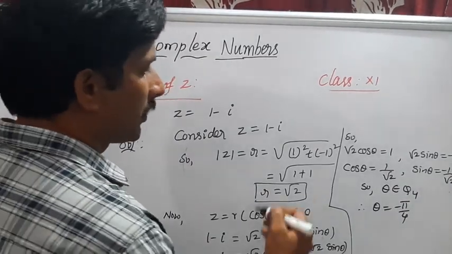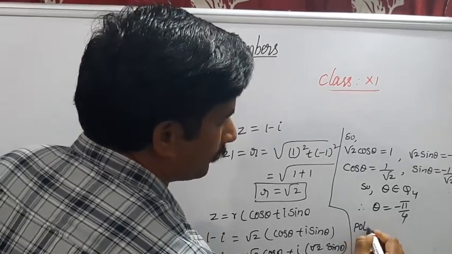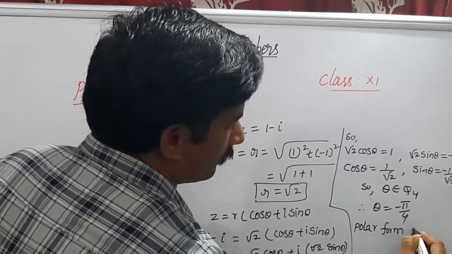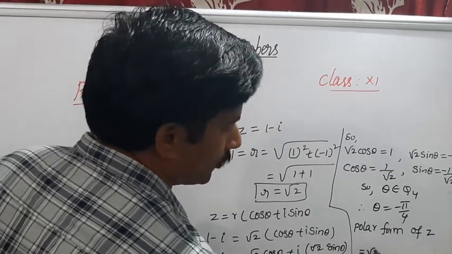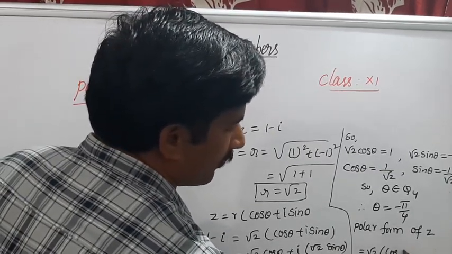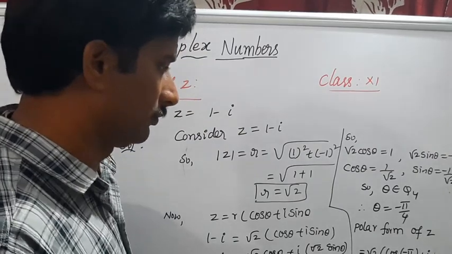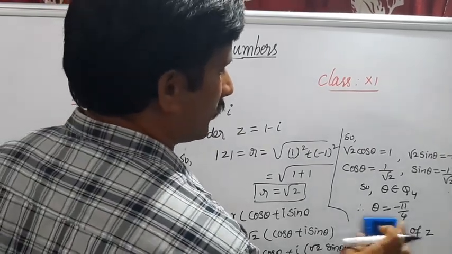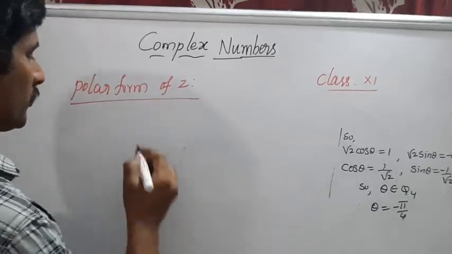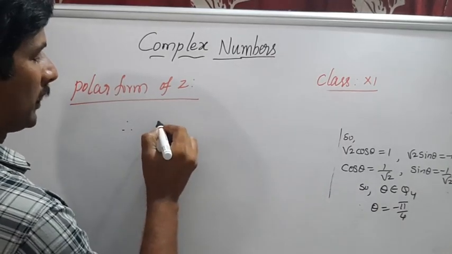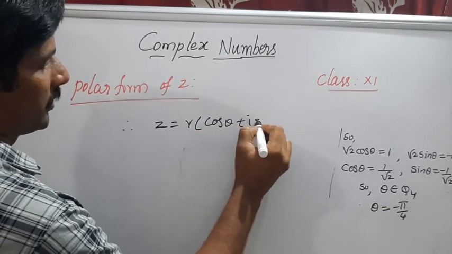Therefore, the polar form of the given complex number z is equal to r into cos theta plus i sin theta.